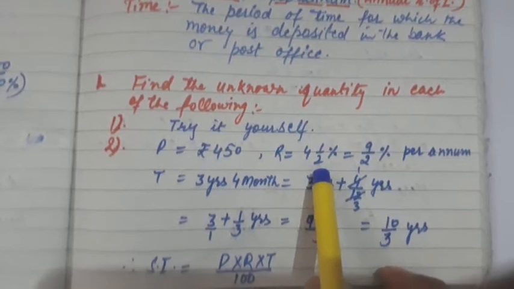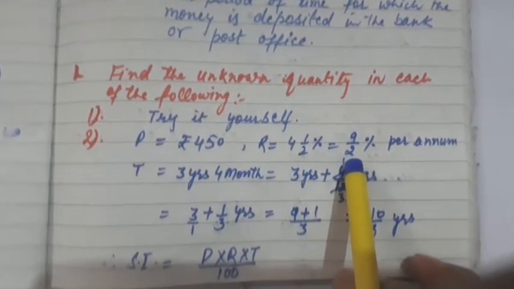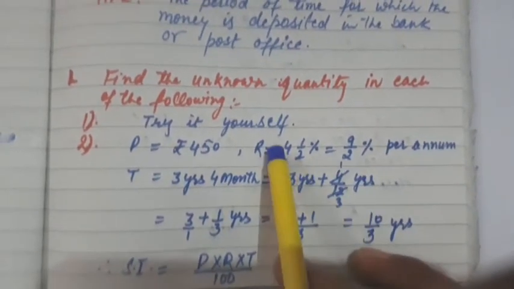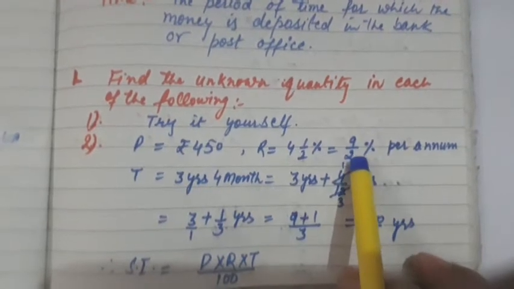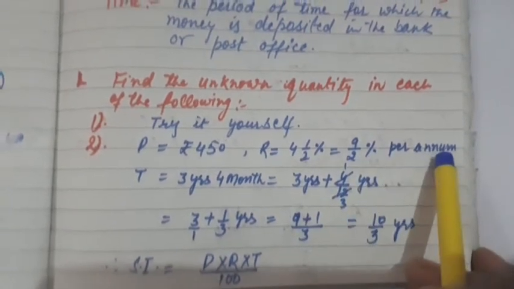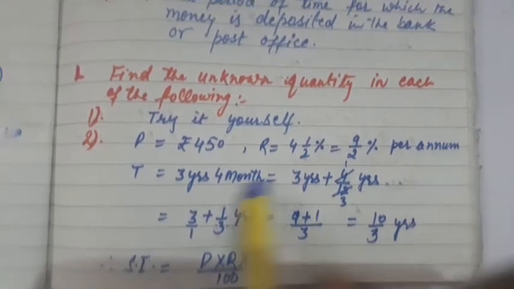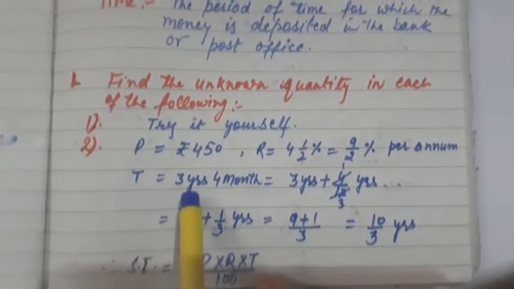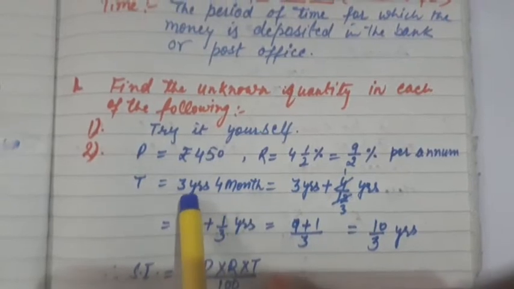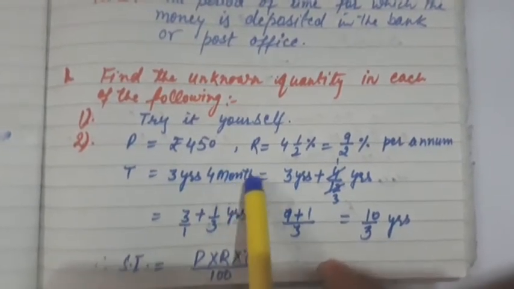When we change it into an improper fraction, 4 twos are 8 plus 1, 9 upon 2% per annum. It is the annual rate of interest. But in this case, time is given as 3 years and 4 months. 3 is in years, but 4 is in months.